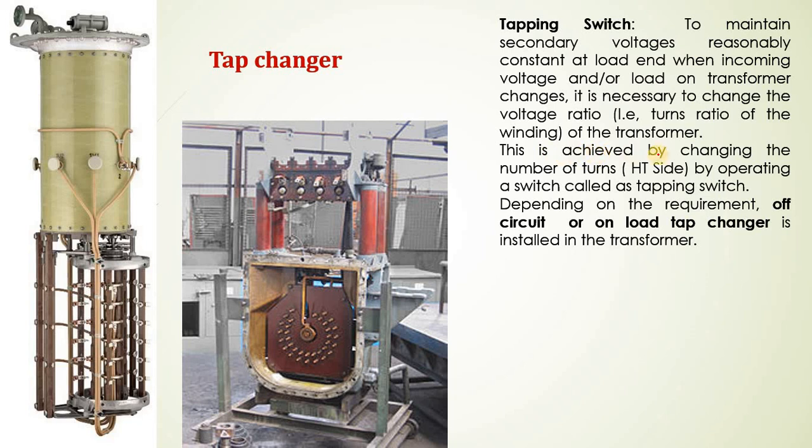This is achieved by changing the number of turns on the HT side by operating a switch called a tapping switch. Depending upon the requirement, an off circuit or on load tap changer is installed in the transformer.